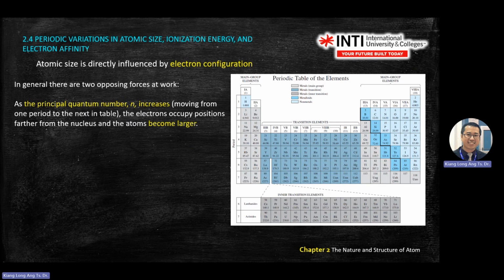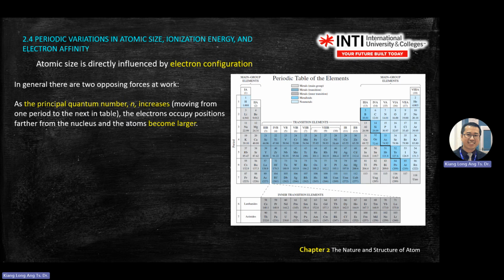So if you look at the number above the element, 1, 5, 6, 7, 8, 9, 10, let's look at row number 2. Can you imagine the size if you move from left to right? Lithium, 3. 4 means one more electron, so the orbital is bigger, right? You can use SPDF if you want.